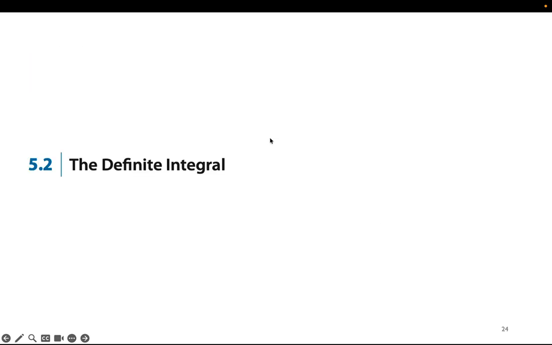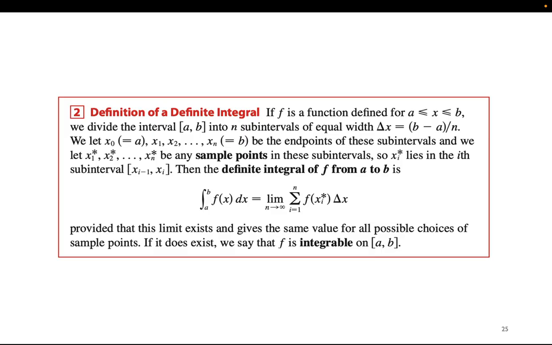Okay, now let's talk about definite integrals. So earlier we talked about this whole limit process of finding areas of rectangles, approximating, and then taking the limit, and that limit would be the area under the curve of our function.